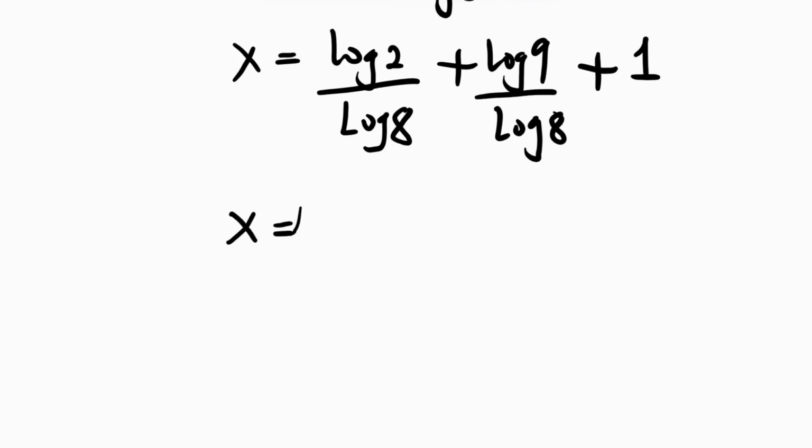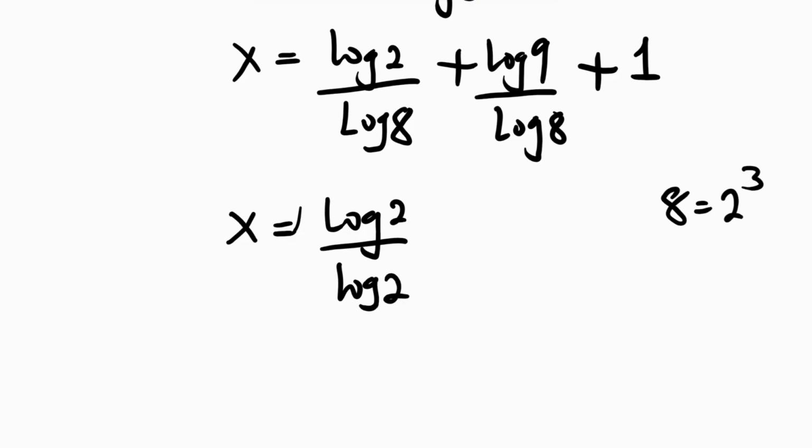So x now is equal to, let's rewrite log of 8. We know that 8 is the same thing as 2 raised to power 3. So this becomes log of 2 divided by log of 2 raised to power 3. 9 is the same thing as 3 squared.